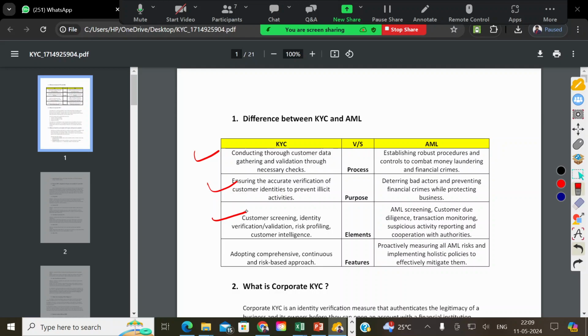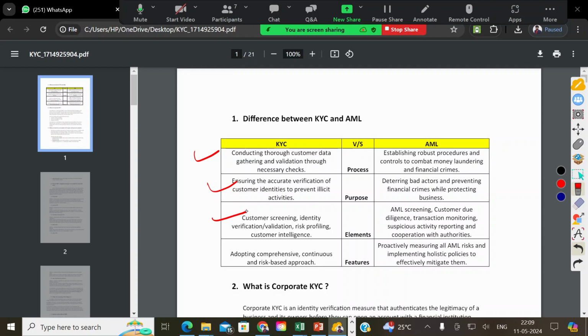Let's say if someone is a criminal, already has some cases filed against that person, that person comes under criminal activities. Maybe that person was caught up in financial frauds. See, there are n number of cases or areas, and that all comes under risk profiling. So you should have checks in place for risk profiling.